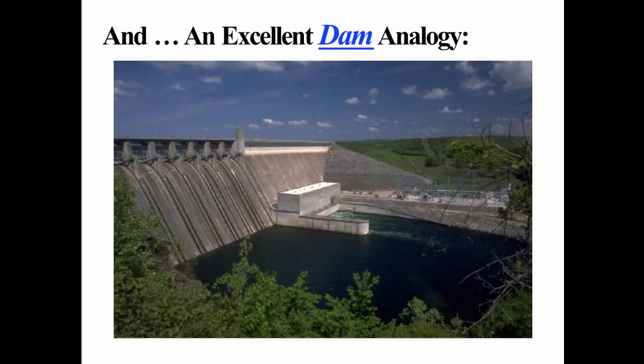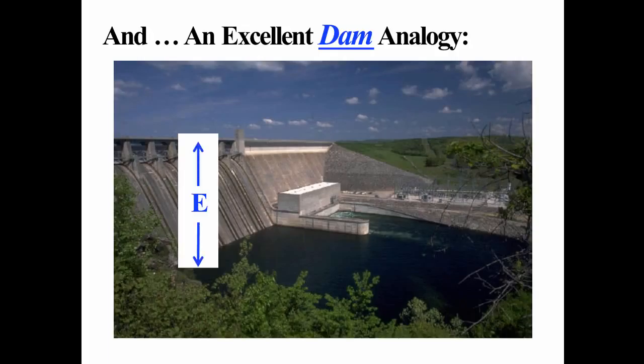Anyhow, away from history now, a little bit of an analogy. So here is an excellent analogy involving dams. What we often do as a way of visualizing electric current and electric potential is to think of things in terms of, instead of electrons flowing, water flowing. And the potential is something like the height of a dam.